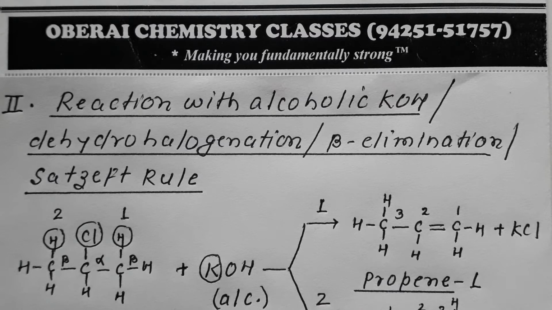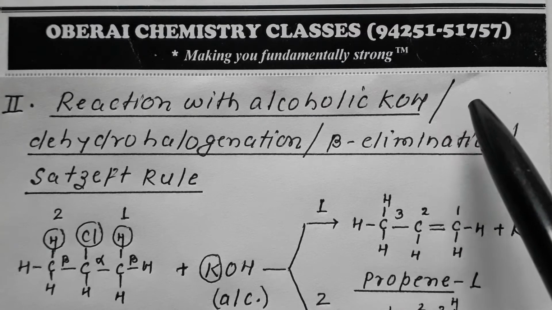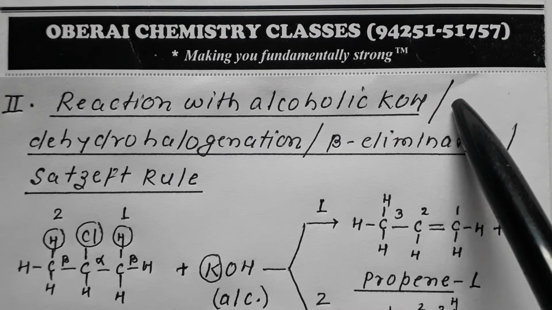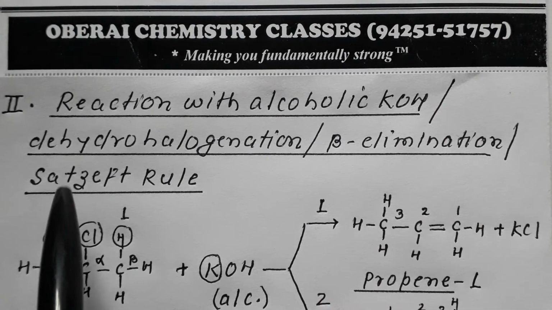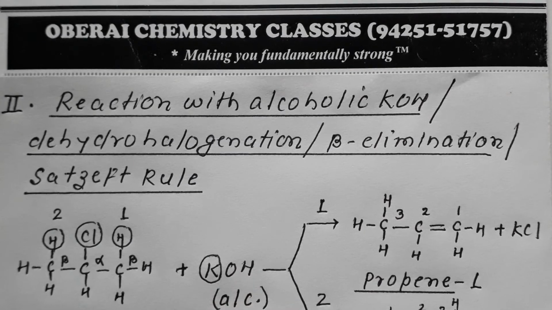So, the next topic which we are now discussing is the reaction of haloalkane with alcoholic KOH. This reaction is also termed as dehydrohalogenation.